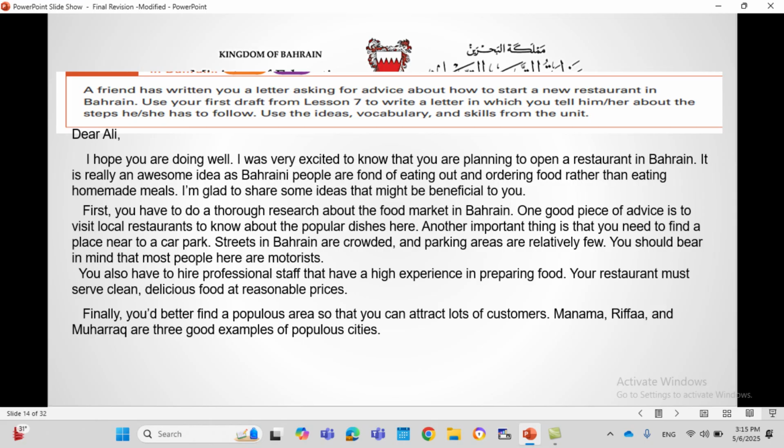I mean an area that has a lot of population, so that you can attract lots of customers. Manama, Rifa' and Muharraq are three good examples of populous cities. And as I told you, populous means having a large number of people. Okay?